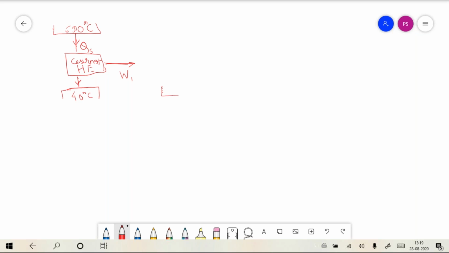Now what is given is that there is a Carnot refrigerator. This Carnot refrigerator is operating between 40 degrees centigrade, and it is extracting the heat from minus 20 degrees centigrade.